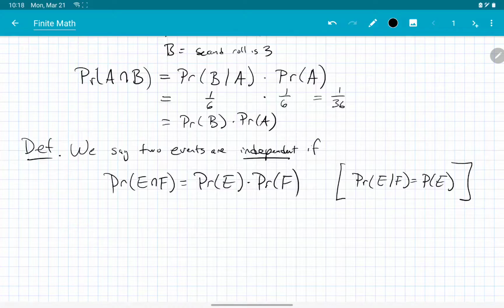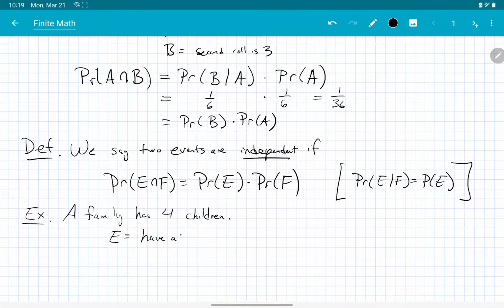So let's do an example where we try to investigate whether something is independent or not. Okay, here's an example. A family has 4 children. Let's have 2 events. E is the event that they have at least one boy, and F is that they have at least one child of each gender.